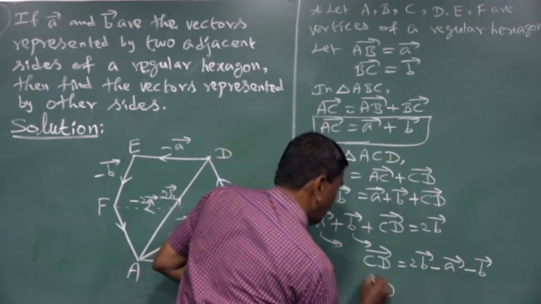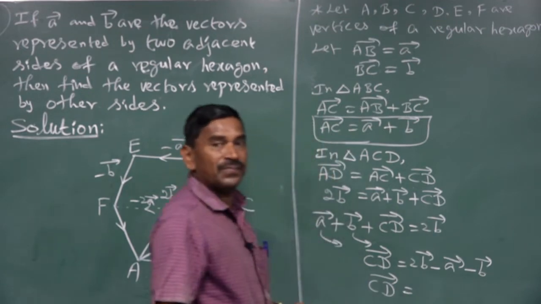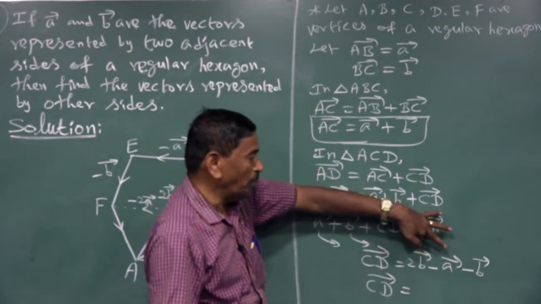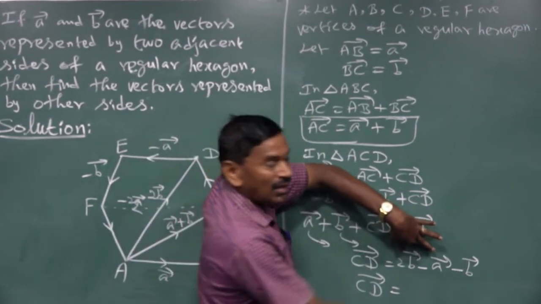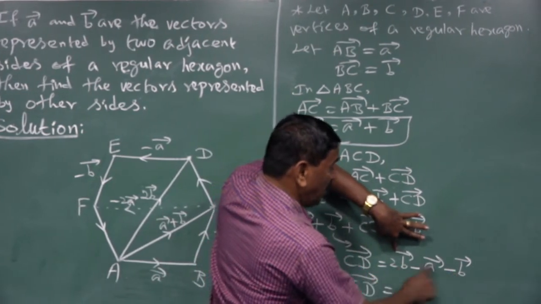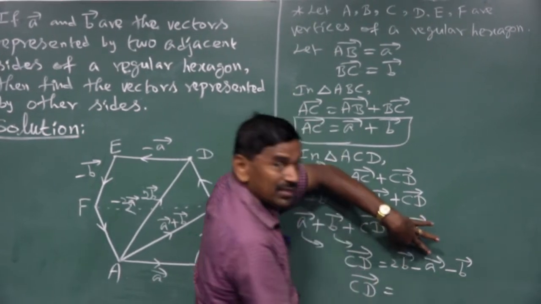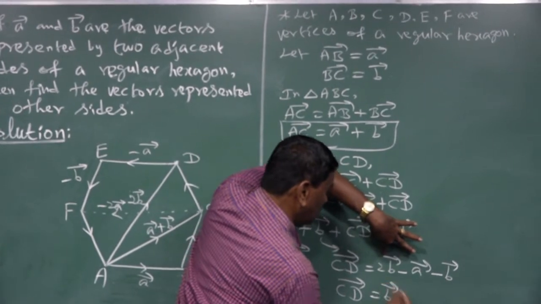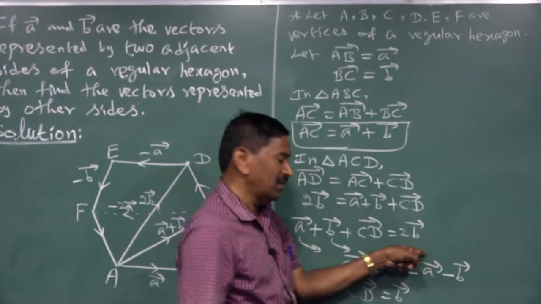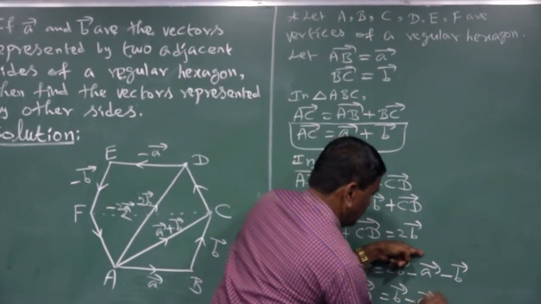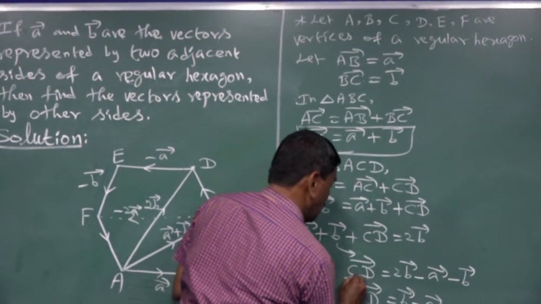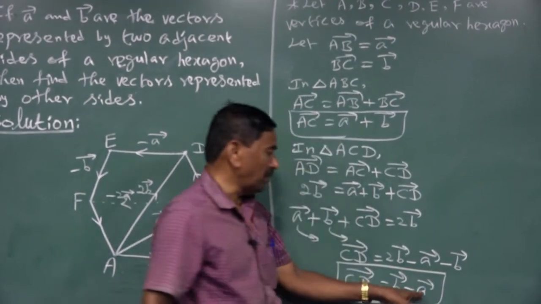Now, further simplification, please. 2B vector positive, minus B vector, which is equal to B vector. Remaining, minus A vector. So CD vector is equal to B vector minus A vector.